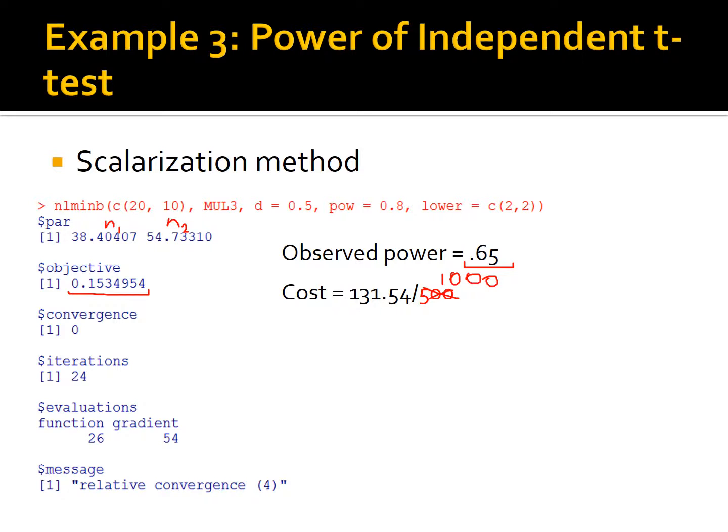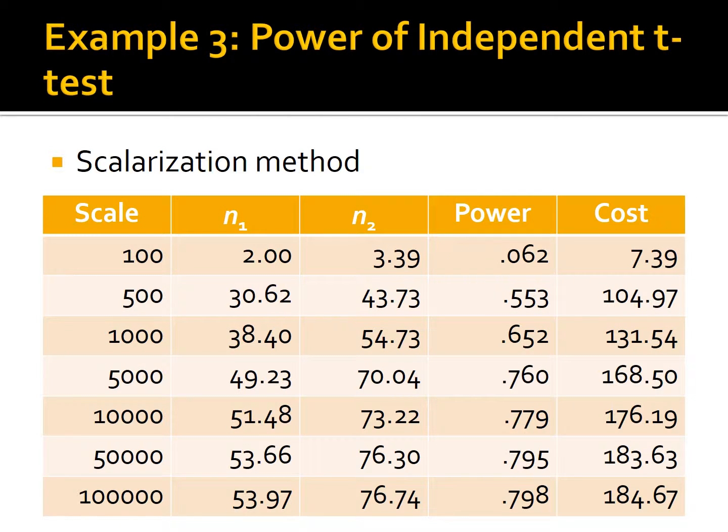Okay, so the results depend on the scaling value, and let me change it. If I use a scale of 100, I will find n1 and n2 equal to a very low number, which provides very low power. But when I increase to 500, 1000, the power increases but it's not equal to the 0.8 that I want.